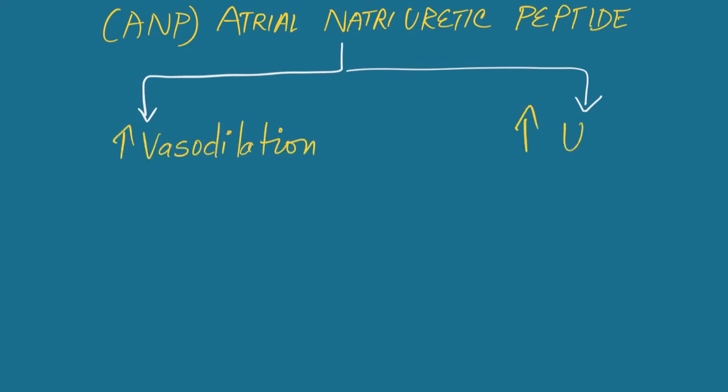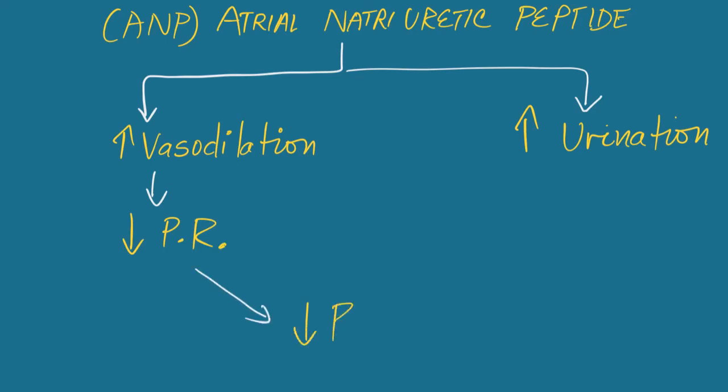It increases urination. You pee more. This is the exact opposite of what we saw with the ADH. So when vasodilation increases, peripheral resistance goes down. When peripheral resistance decreases, blood pressure decreases as well.